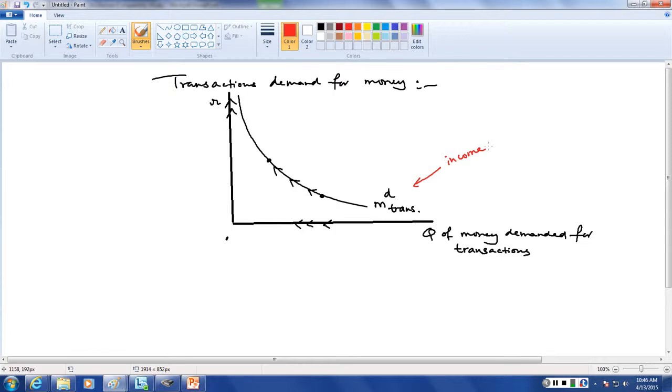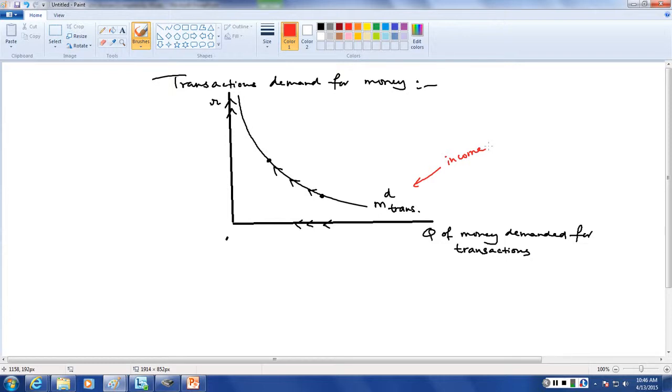Who is likely to demand more money for transactions purposes? Well, the person who wants to do more shopping. Am I correct? So who is the person who wants to demand more money for transactions purposes? The person who wants to shop more. And who wants to shop more? The person with more income or the person with less income?